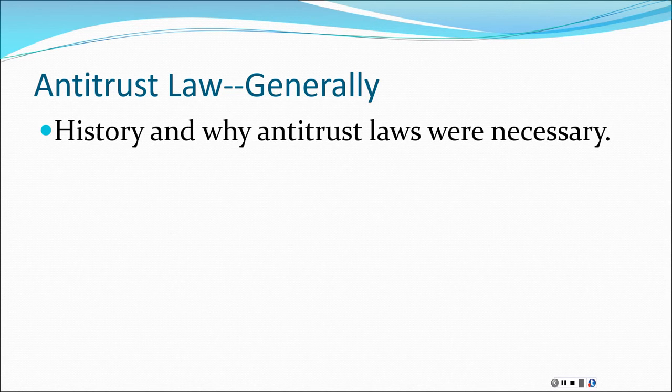And that led to sweeping legislation to combat the ill effects of monopolies in 1890. And the first major piece of legislation from the Congress was the Sherman Antitrust Act of 1890.